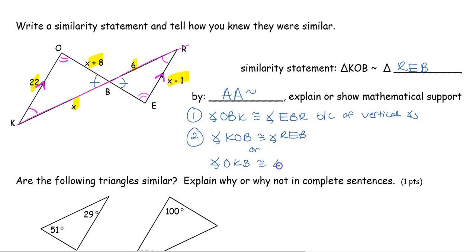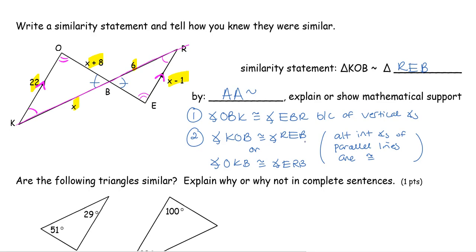OKB is congruent to ERB, and that's because alternate interior angles of parallel lines are congruent. Both of those angles have the exact same reason.